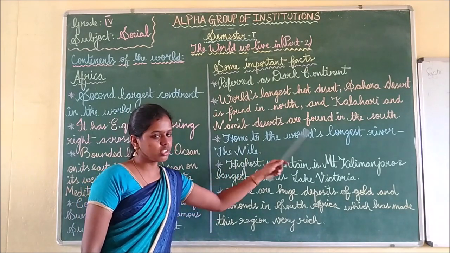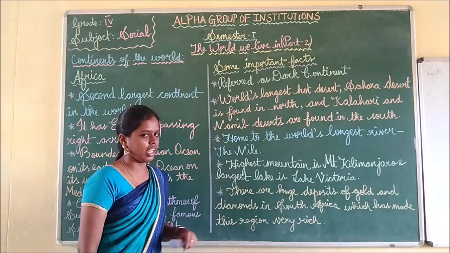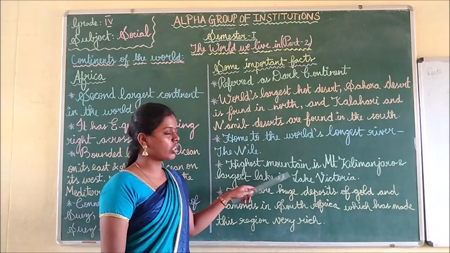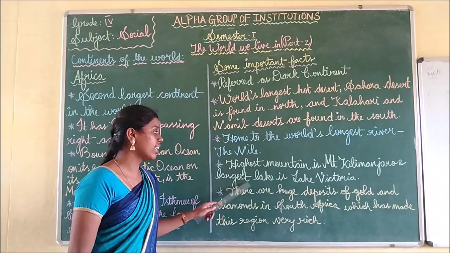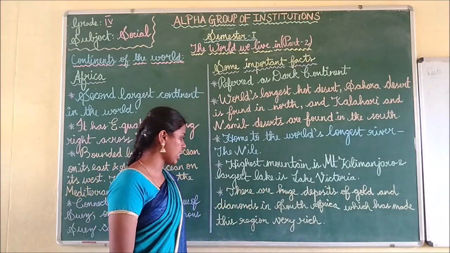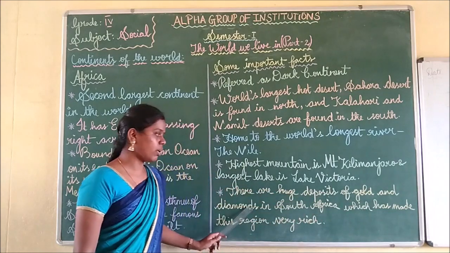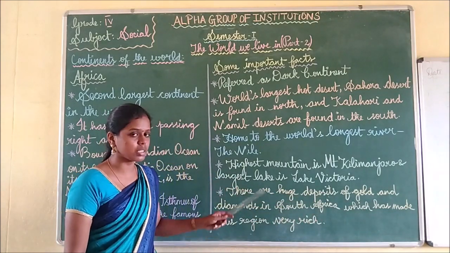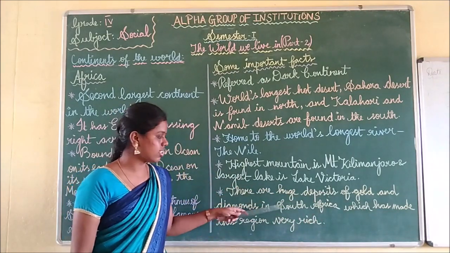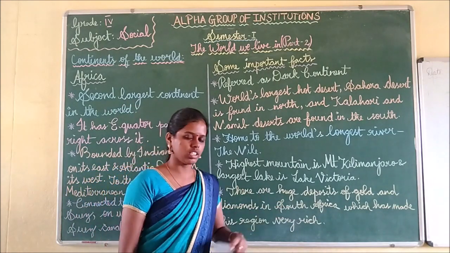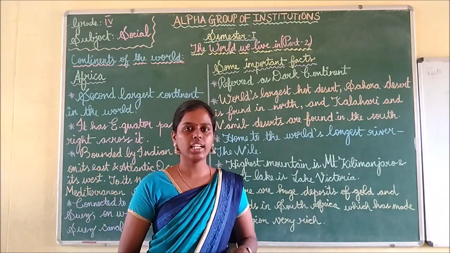It is the home to the world's longest river, the Nile. Then the highest mountain is Mount Kilimanjaro, and the largest lake is Lake Victoria. So there are huge deposits of gold and diamonds in South Africa, which has made this region very rich. So that's all about Africa.